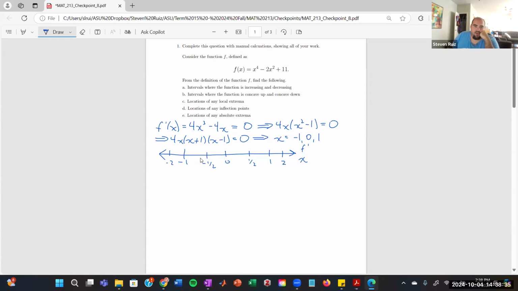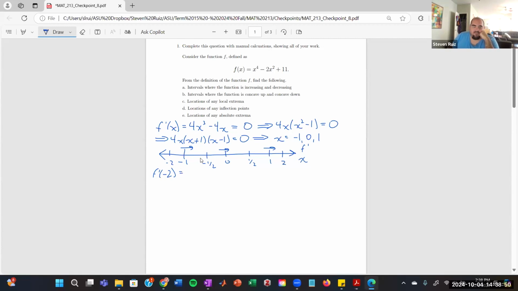I know that at -1, 0, and 1, my function is neither increasing nor decreasing. So what's happening at f prime of -2? I'm going to use the factored version.